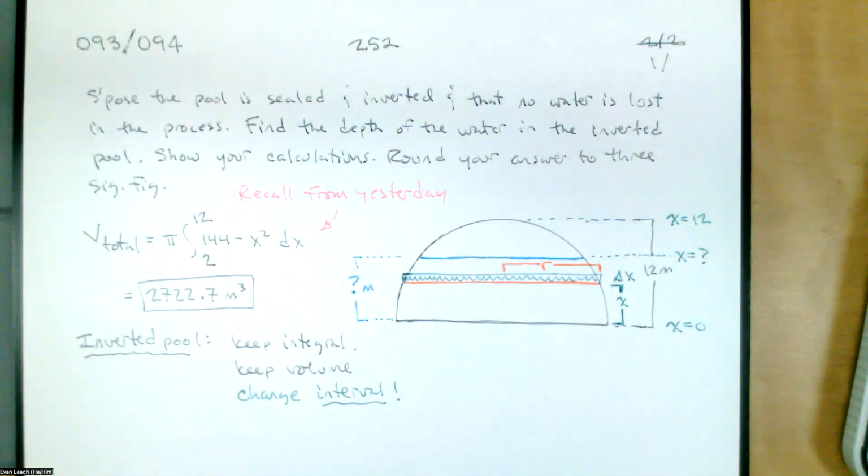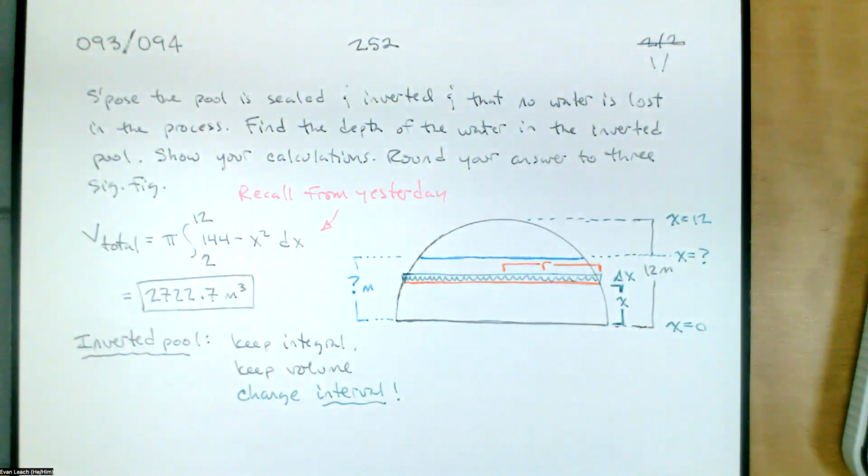That's the thing that we're trying to figure out. We're trying to figure out how deep the water is, and that is described by the interval over which we are integrating.